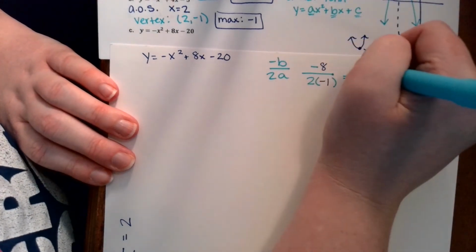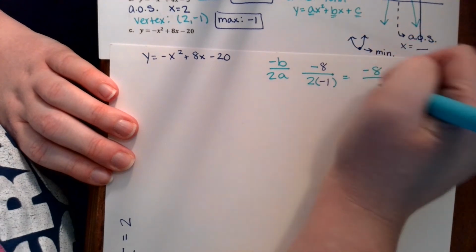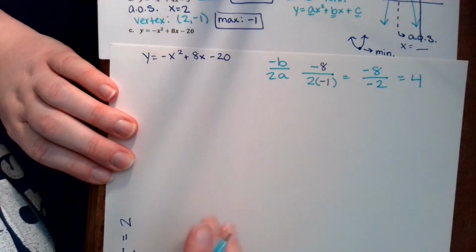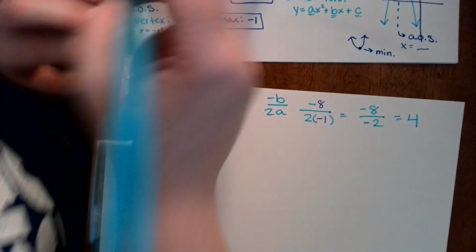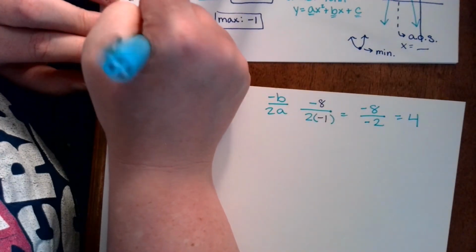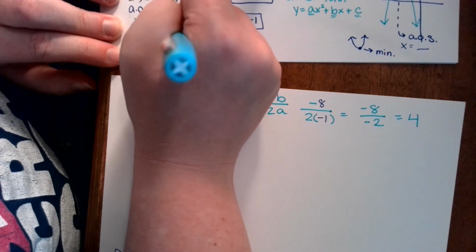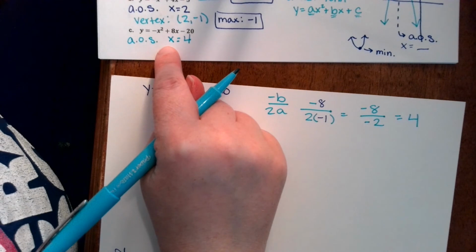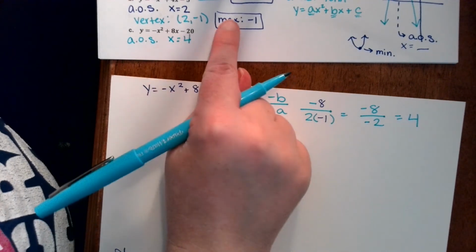Alright, so when we simplify this, we have -8 over -2, which comes out to +4. So my axis of symmetry is x equals 4.